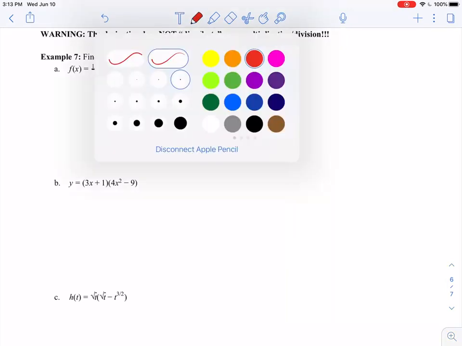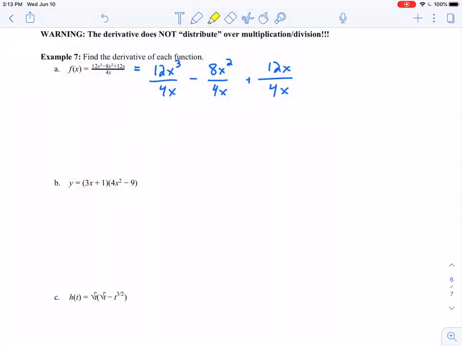The reason is that now I can simplify each one of these terms. I can do a little bit of division and cancel some terms. So 12x cubed over 4x should be 3x squared, minus 8x squared over 4x should be minus 2x, plus 12x over 4x should be plus 3.